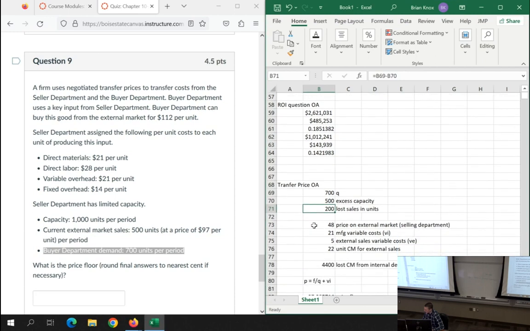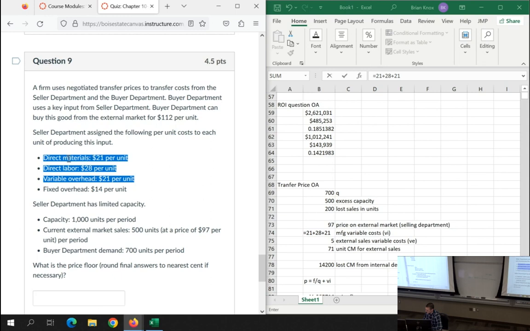We're going to figure out how much they cost us. We're given in a parenthetical here how much we can sell on the external market, $97, how much we can sell units for. And our variable manufacturing costs are the 21 plus 28 plus 21. Just these three numbers right here. DM, DL, and VOH.